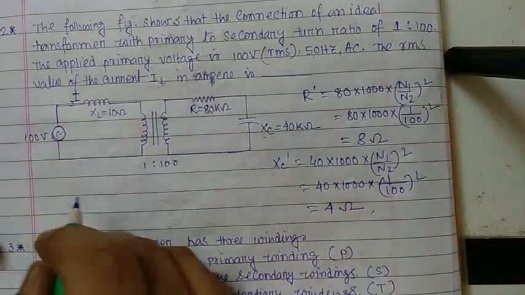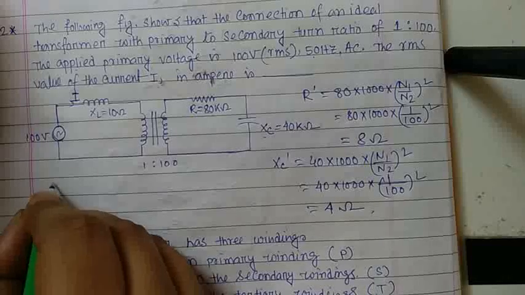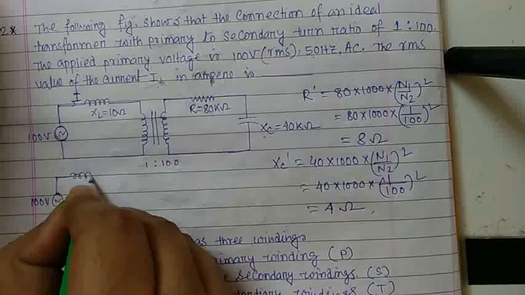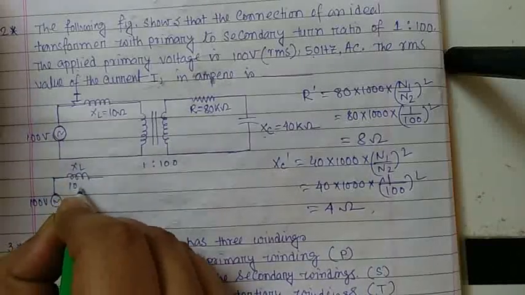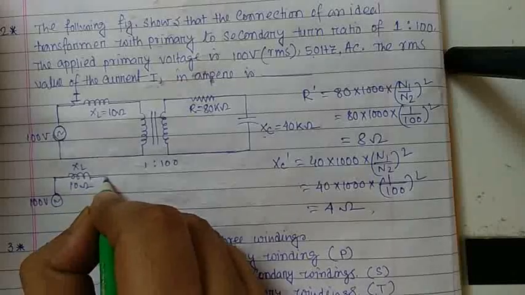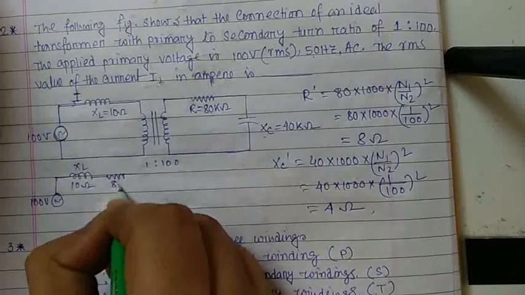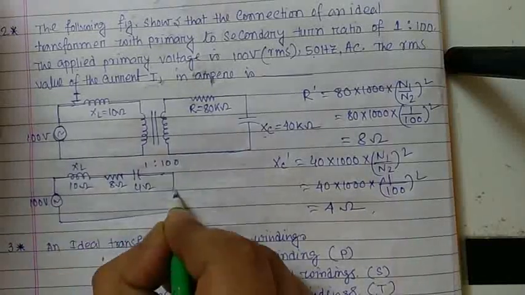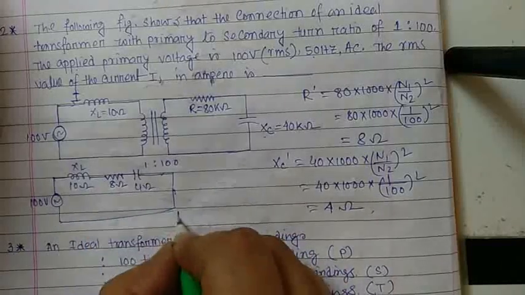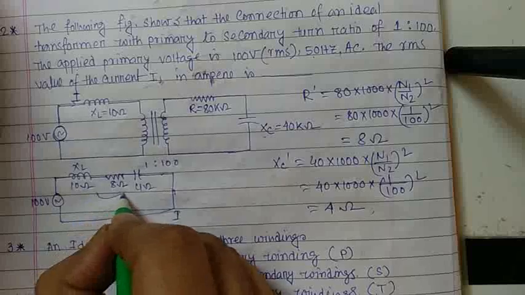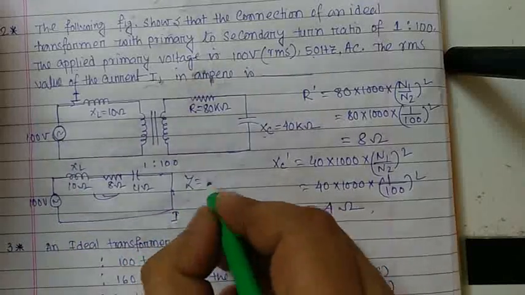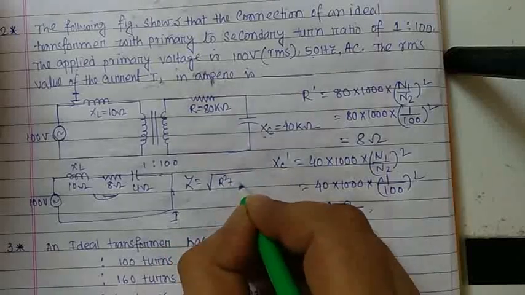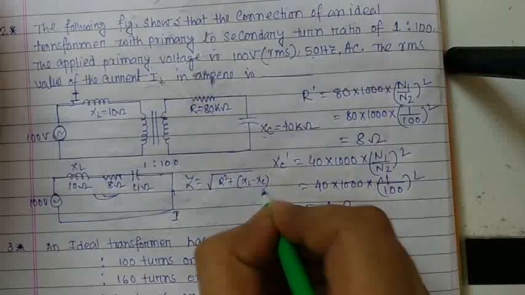Now in the primary the burden is actually the 100 volt source connected. This is the XL, that is 10 ohm. Now the resistance is 8 ohm, and the reactance XC is 4 ohm. So the primary current I is found from the impedance, which is root over R square plus XL minus XC whole square.